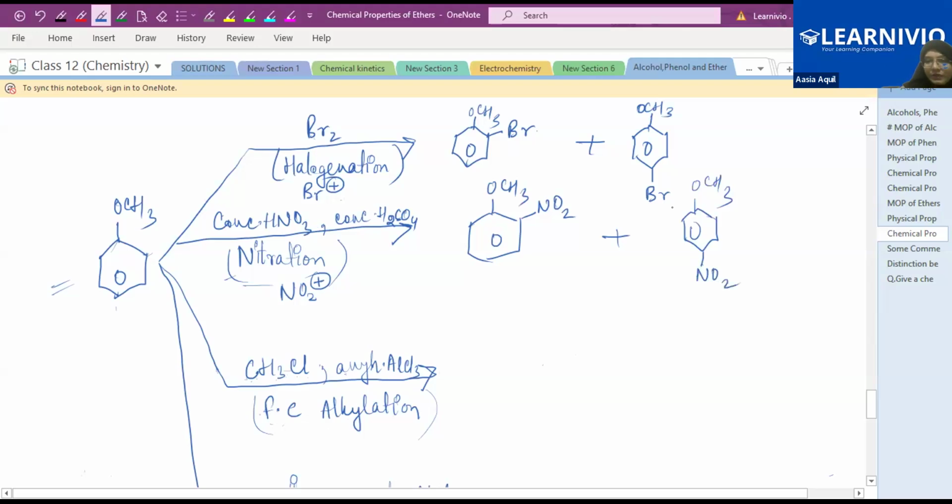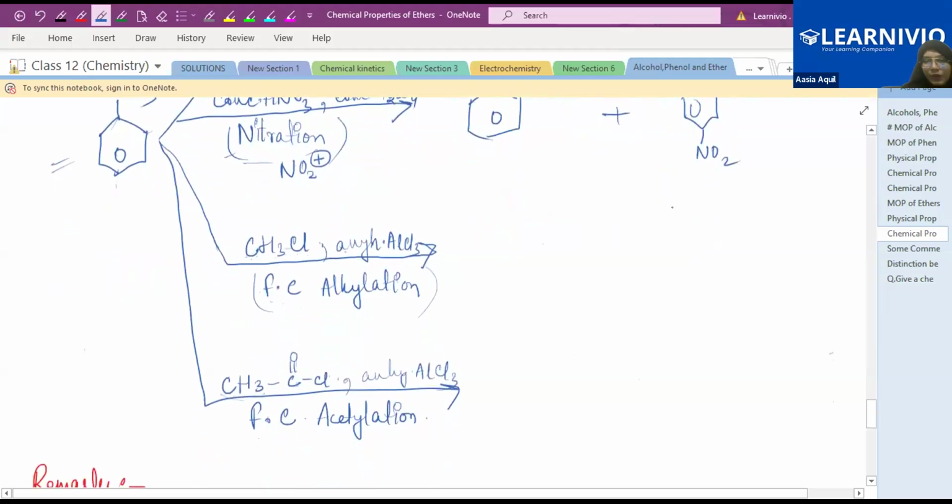Third is your Friedel-Crafts alkylation. What is Friedel-Crafts alkylation? When you add CH3Cl, methyl chloride, in the presence of anhydrous AlCl3, this is a Friedel-Crafts alkylation, with an alkyl group. In the Friedel-Crafts alkylation reaction, the electrophile is CH3 plus, this methyl.